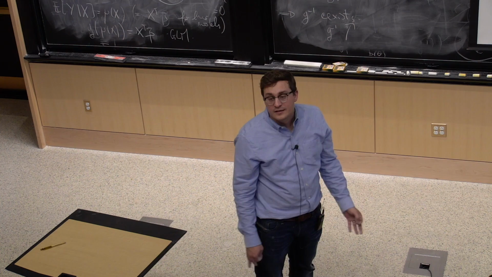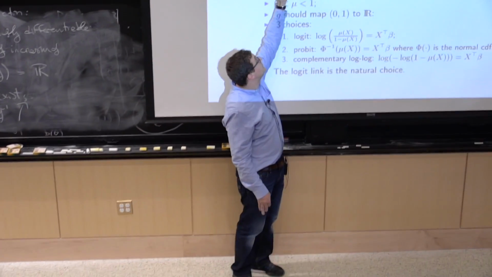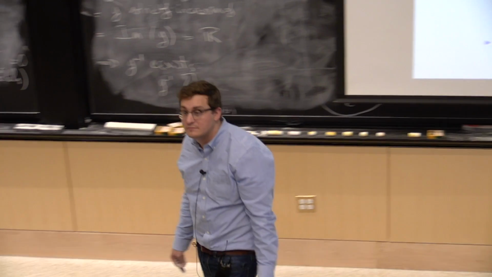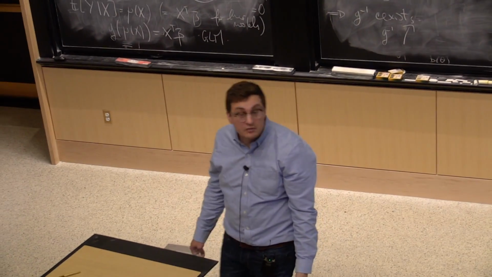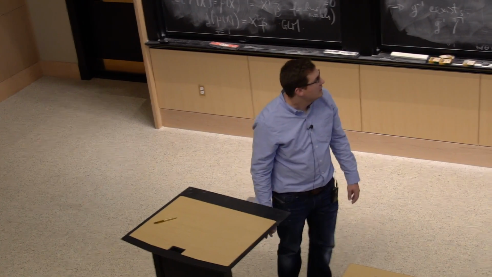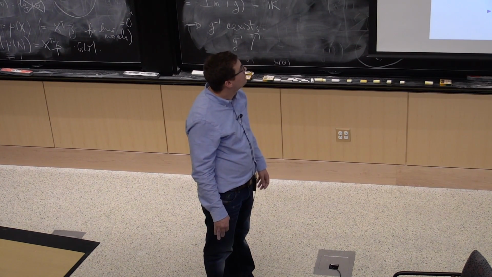So the log is defined on this entire interval. And as I range from 0 to plus infinity, the log is ranging from negative infinity to plus infinity, right? You can probably think of other functions that do that, like 2 times log. That's another one, right? But there's many others you can think of. But let's say the log is one of them that you might want to think about.